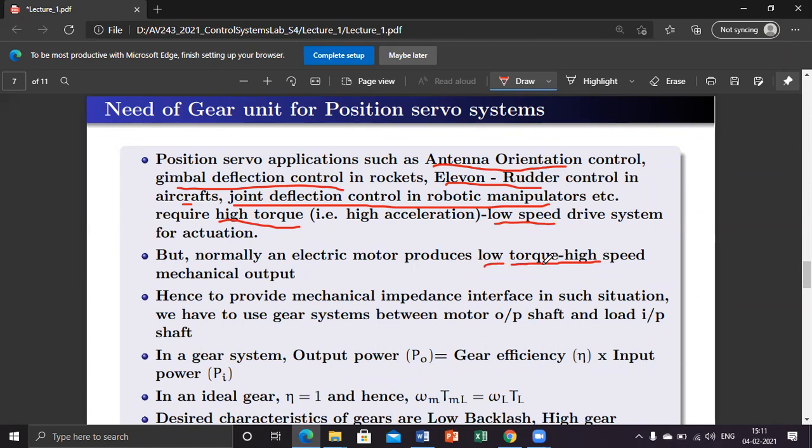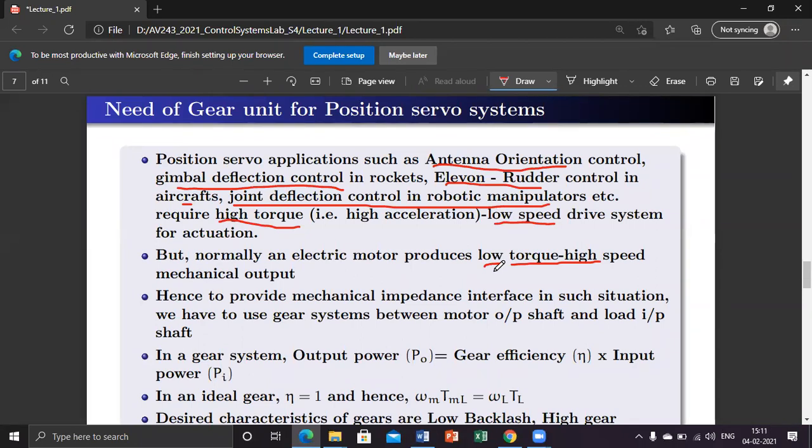Another reason for that is that the current is converted into torque through a magnetic medium, and kT is proportional to, as you have studied when we derived the expression for kT, B into L into IA, BLIA.